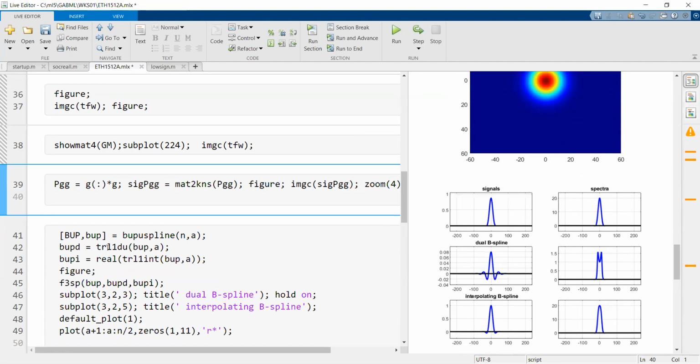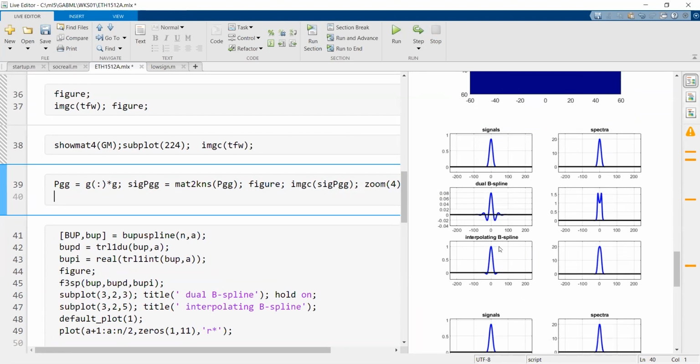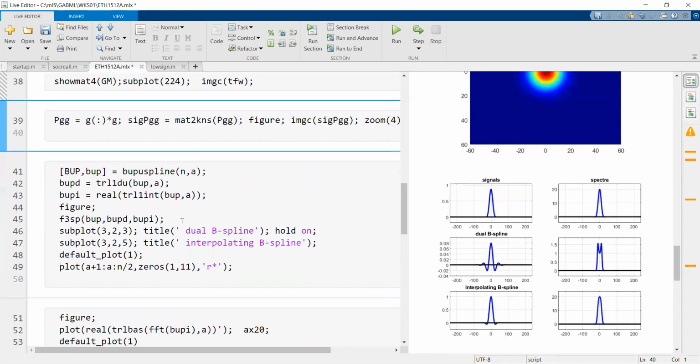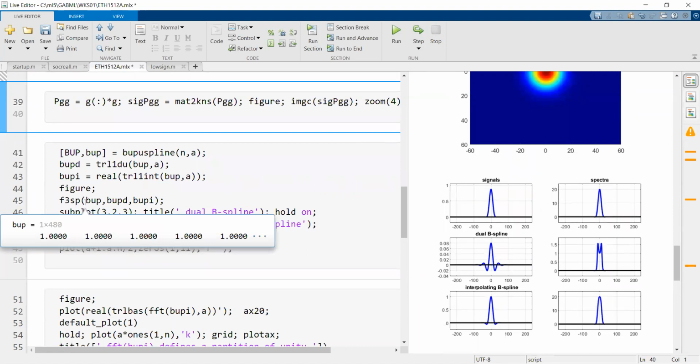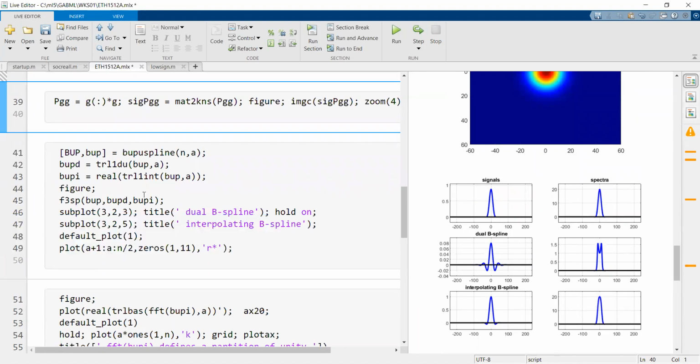The code TRL1 dual is just the code that is helping you to do this dual window, and I have also a BUP I for interpolating, so it's an interpolating spline. And once I have computed these 3 things, I'm plotting these in the order: the original BUPU, generator of my partition of unity, the dual element, and the interpolating element.